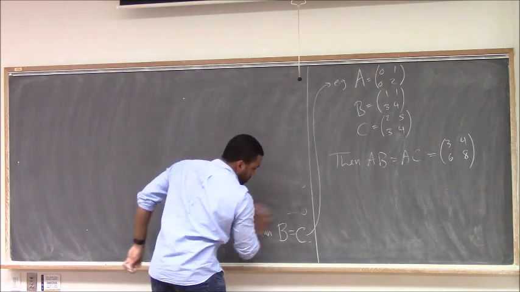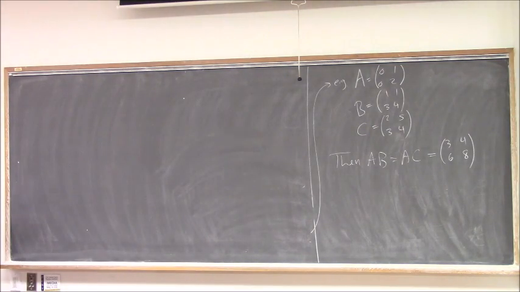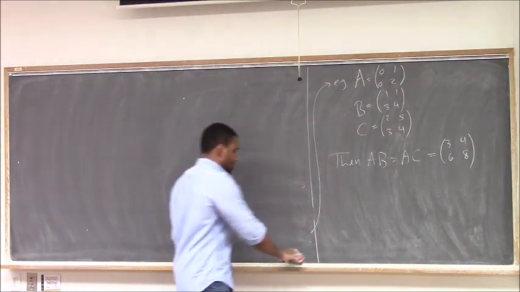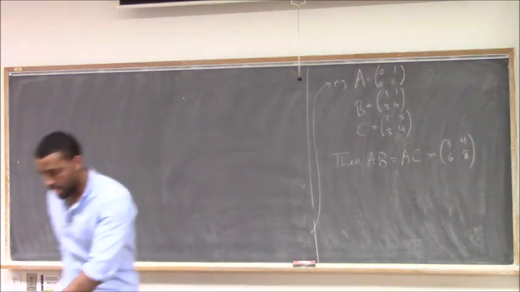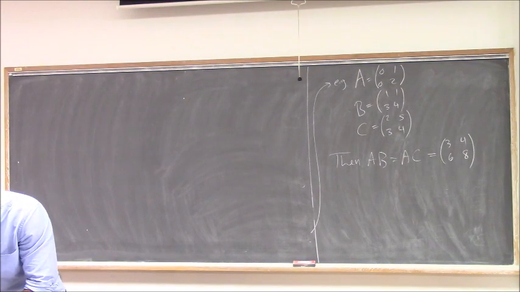One use of matrices will be to solve systems of linear equations in a more efficient way than doing by hand. So that's actually going to be the next section. We're going to discuss that.